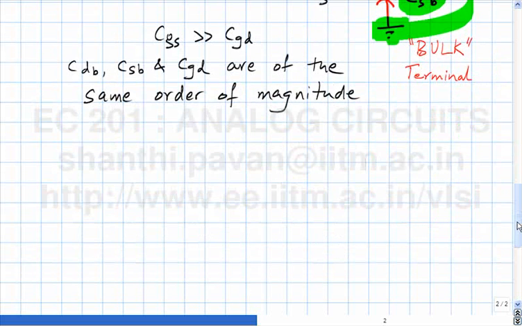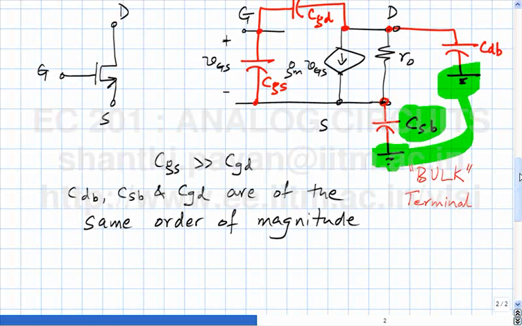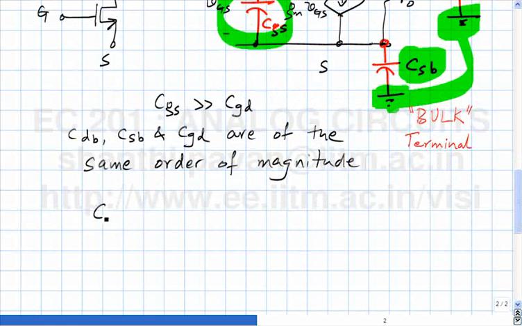And it turns out that this gate source capacitance CGS, for example, is given in the saturation region by 2/3 W times L times COX. What is W?